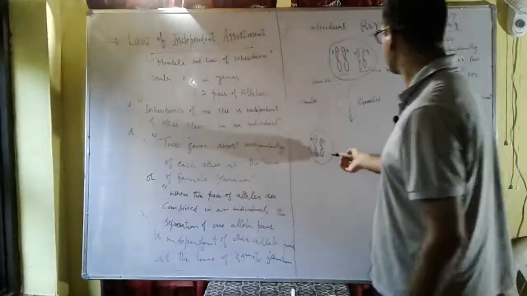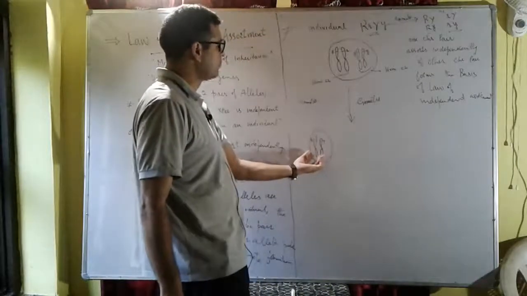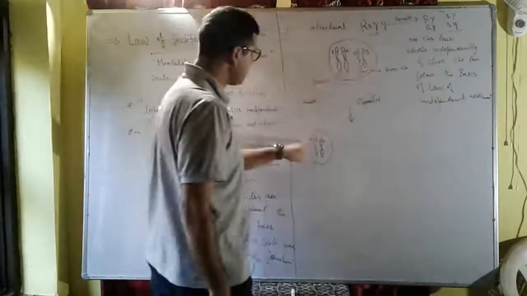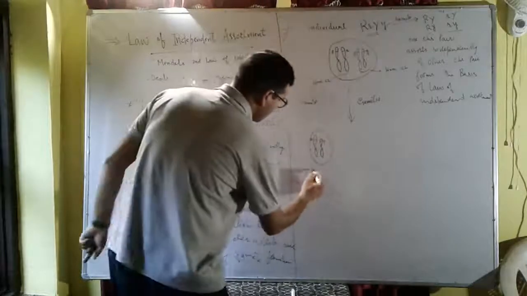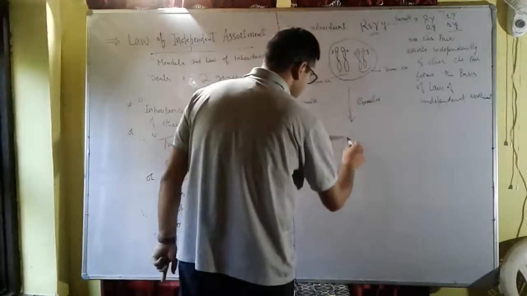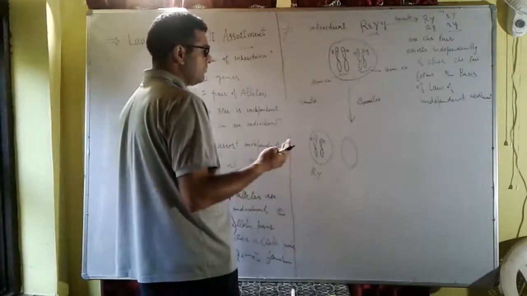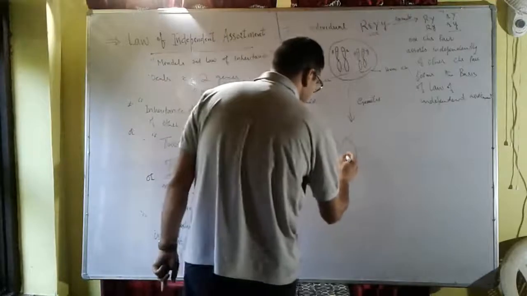The same is the case here. Now we have shown it by means of chromosomes. This is capital R, capital Y. One chromosome pair assorts independently of the other chromosome pair, which forms the basis of the law of independent assortment.